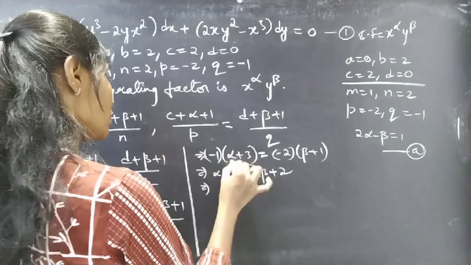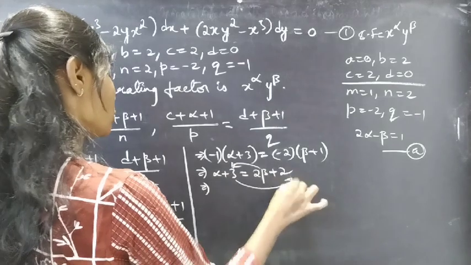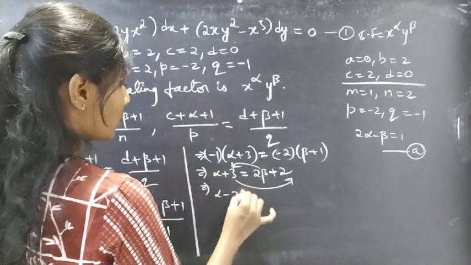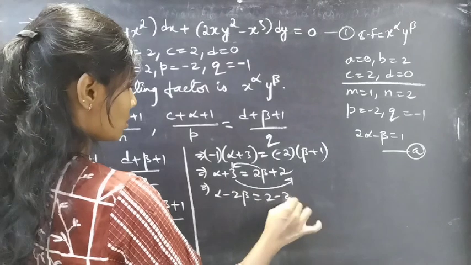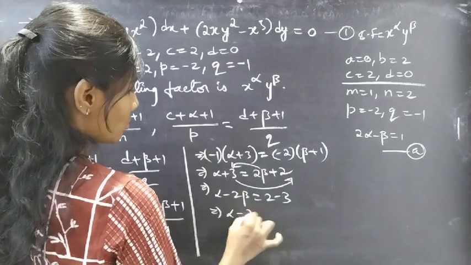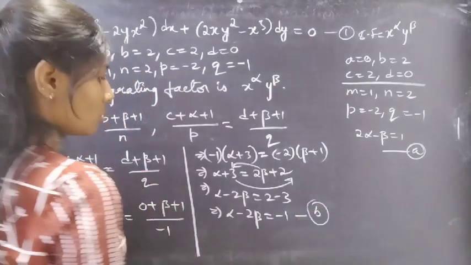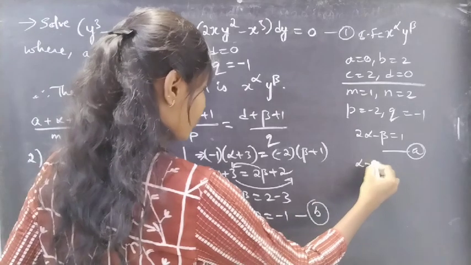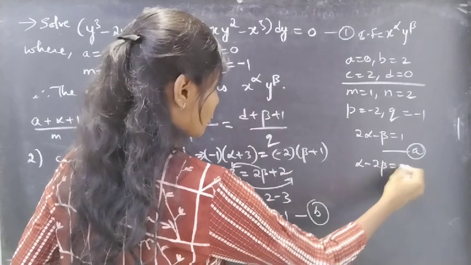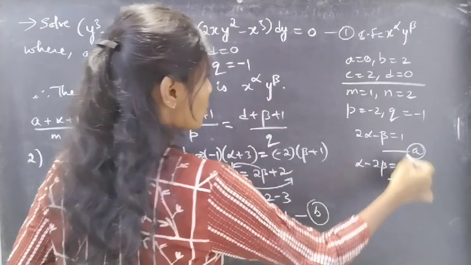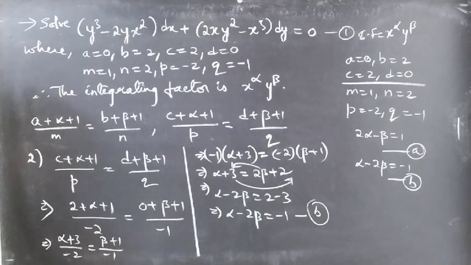Now bring this 2 beta to LHS and take this 3 to RHS, you'll get alpha minus 2 beta equal to 2 minus 3, which gives us alpha minus 2 beta equal to minus 1. Consider it as equation B. Now solving A and B, we'll get alpha and beta values.